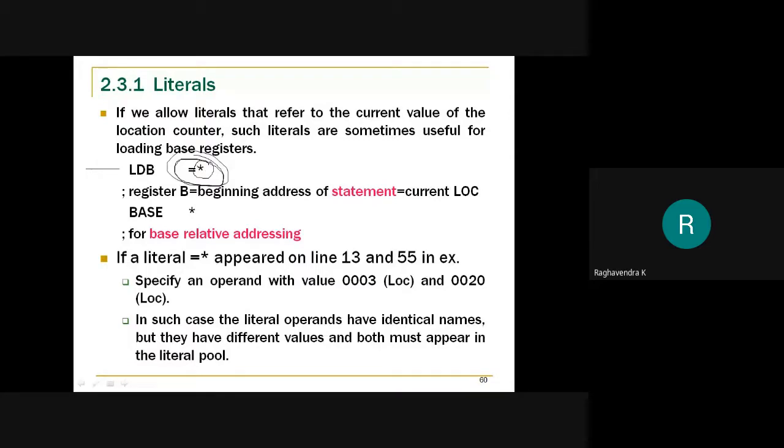Star means the current value of the location counter. So here I am storing into the base register the current value of the location counter. This is one more convenient strategy that we can adopt in the case of literals.